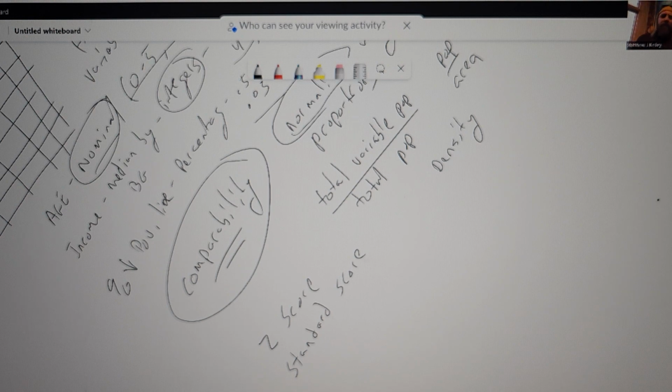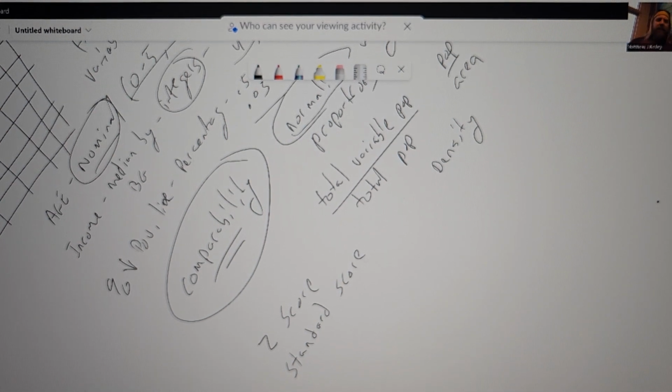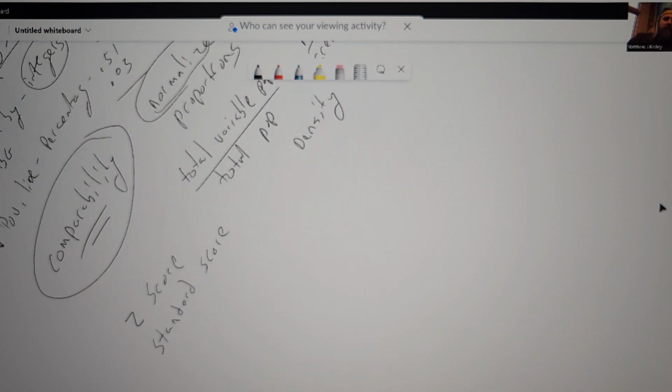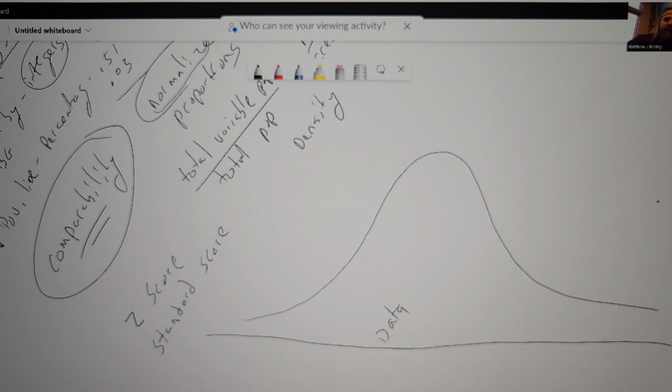Okay. And before we get to what you need to generate a z-score, let's talk about what a z-score does. In general, your data curve in such a way that, if this is our data, that area in that curve is our data. And these are, let's say, low values, and these are high values.